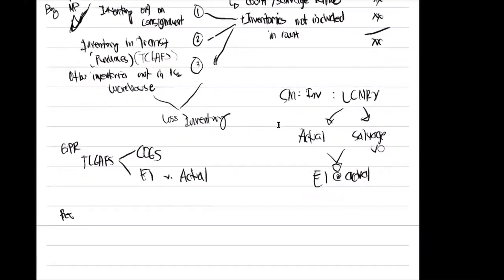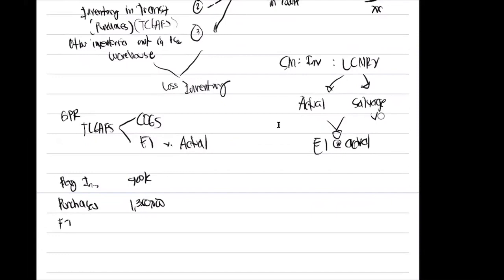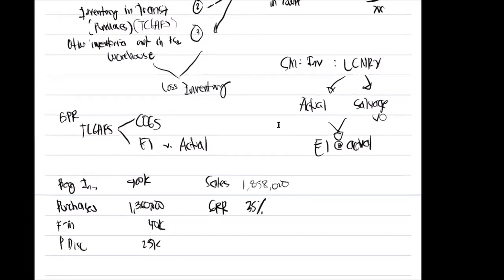So let's have your beginning inventory amounting to 900,000, and purchases amounted to 1,360,000. Freight in is 40,000. Purchase discount is 25,000. Sales is 1,858,000. And we have a 35% gross profit rate.